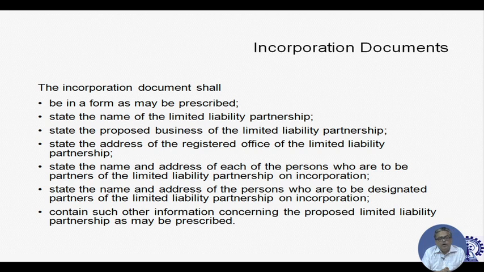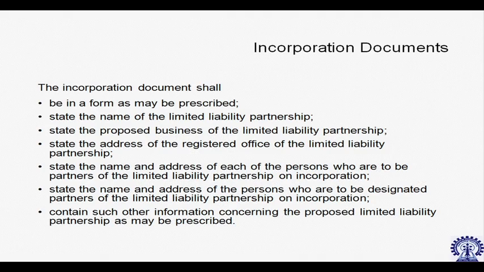Now, you need to specify the registered office, which will be the main office to carry forward the business. You need to give the name and address of each person who is to be a partner after the incorporation. And I believe a specific provision has been created, as I mentioned before, known as the partnership identification number, and there is a procedure which you need to follow for applying for this partnership identification number.